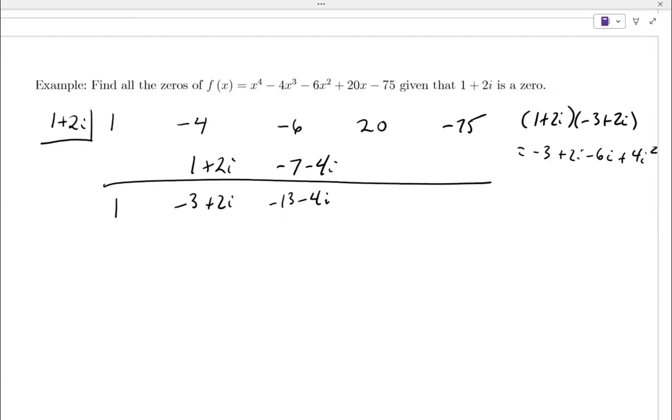Negative 13 plus 8 is negative 5. 1 times negative 4i is a minus 4i. 2i times 13 is negative 26i. Negative 4 minus 26 is negative 30i. And then add down. Again, if you need to write it off to the side to do the arithmetic, please do. Okay.